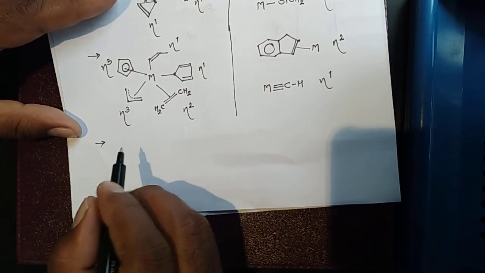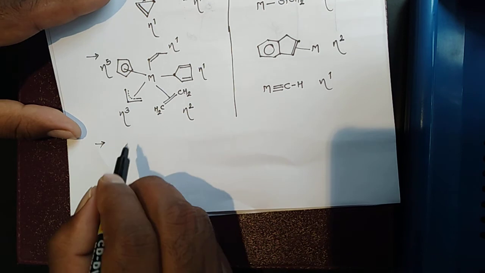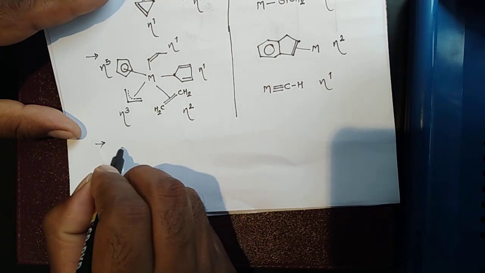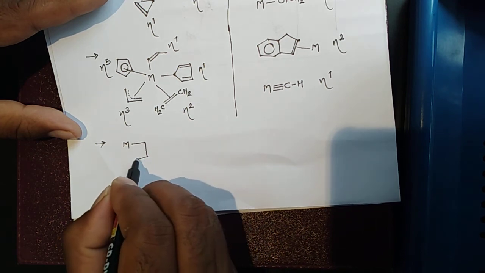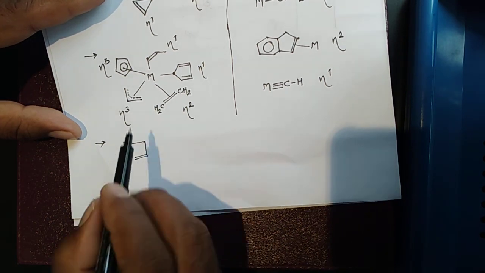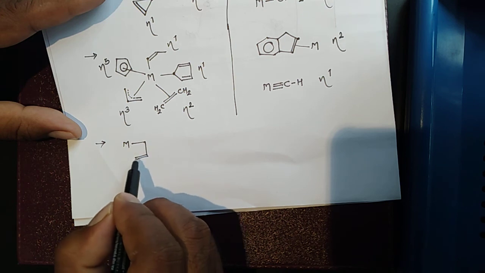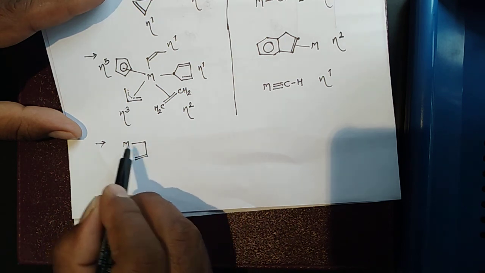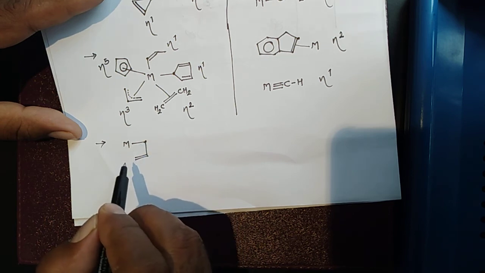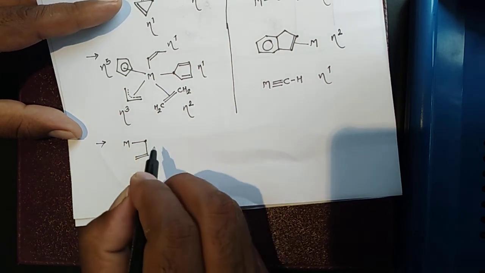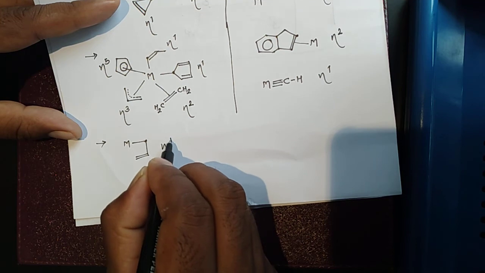Some more examples, the last 3 or 4 examples we will solve. These 2 examples are very similar, like this. What do you think? This allyl group is directly attached to the metal, but the metal is directly attached to only one carbon. So the hapticity is only 1 here.